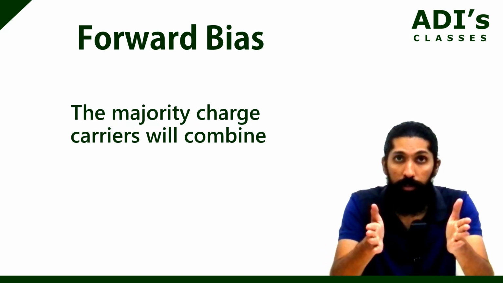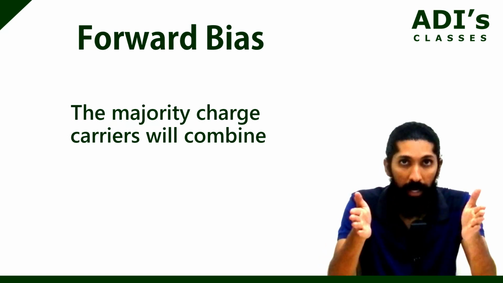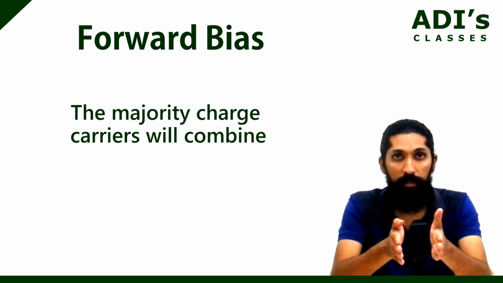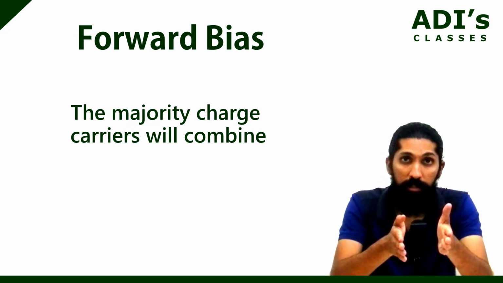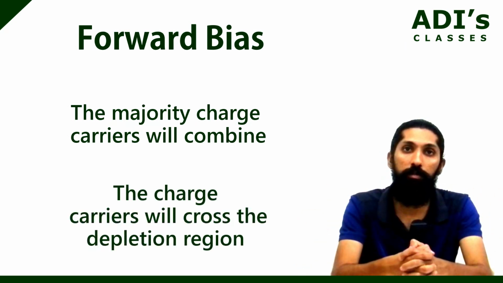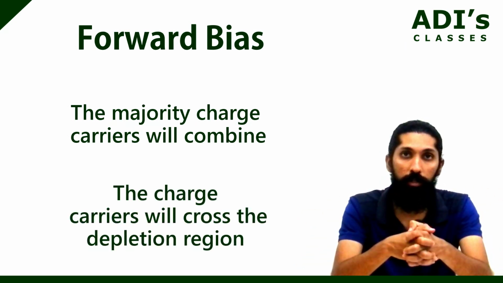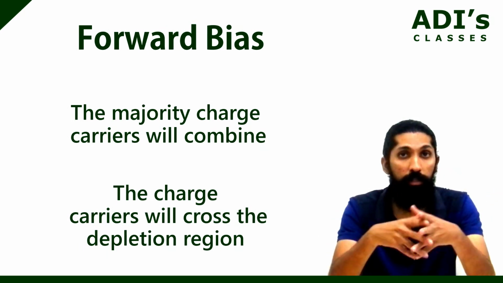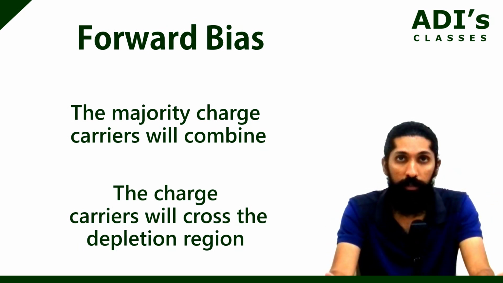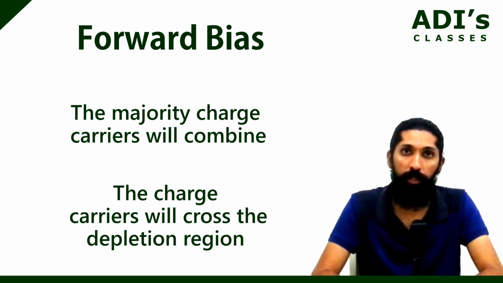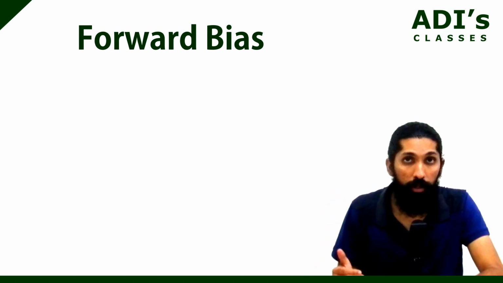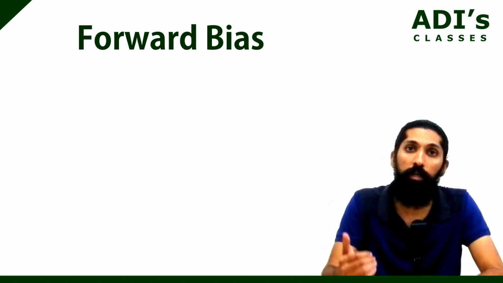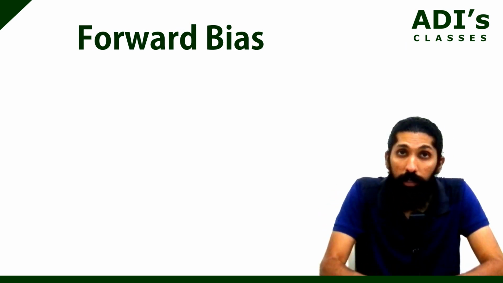Why? Because the depletion layer is reducing. As the thickness decreases, when the thickness is less, more charges can cross over the depletion layer. They cross and the diffusion current will start to increase. In other words, the majority charge carriers are going to combine. Why do they combine?